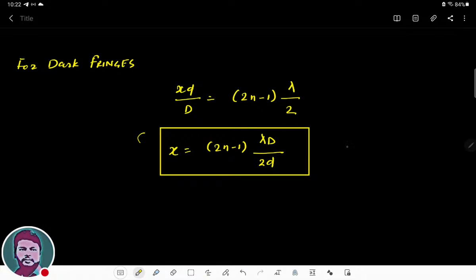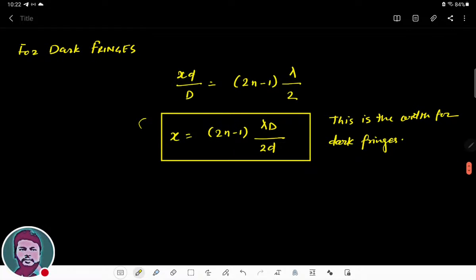so this is the distance or width. All right, this is the width for dark fringes.